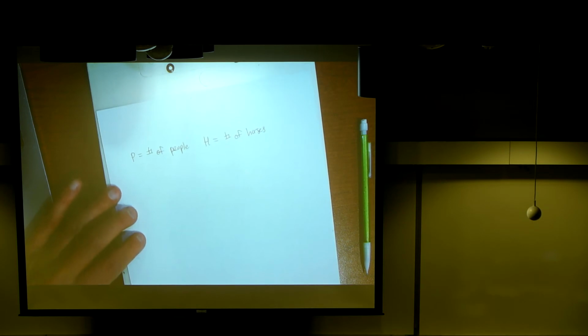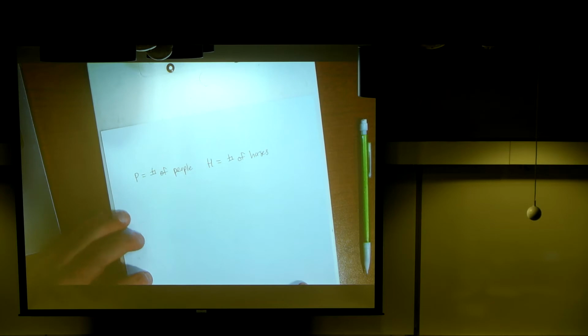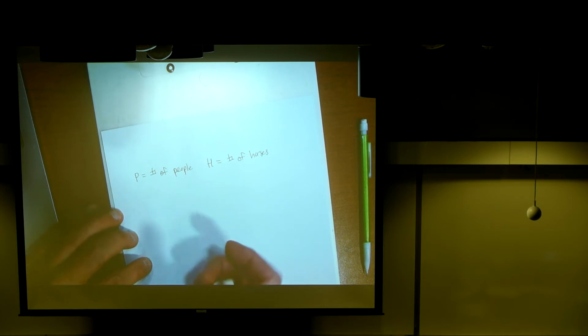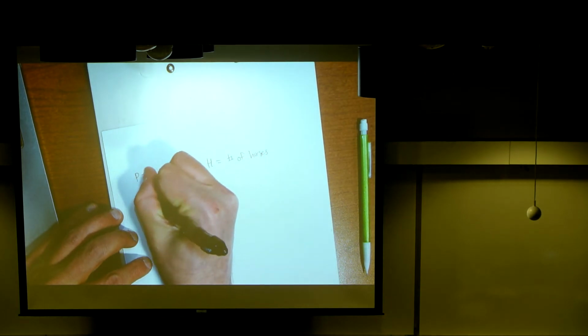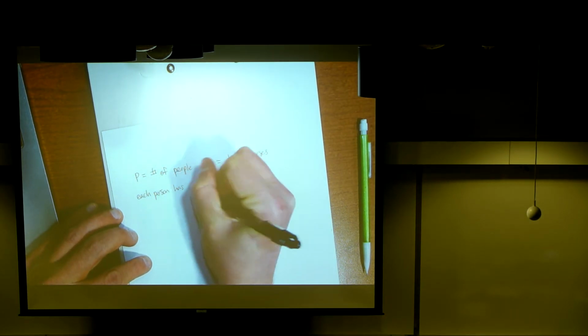So what's one equation we can write down that involves these 2 variables? 4H plus 2P equals 5,200. So what we're saying there is each person has 2 legs, right?